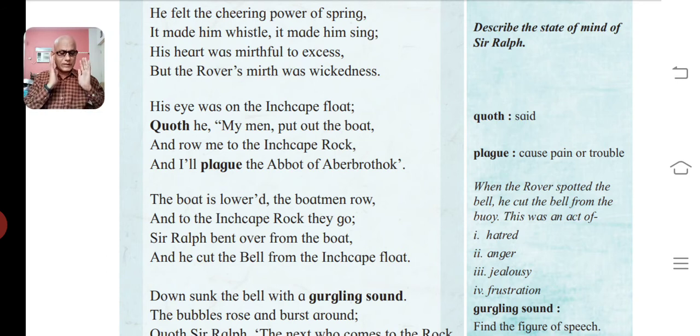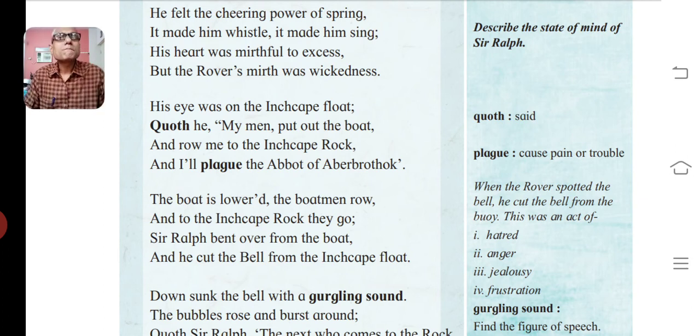Ralph the rower felt the effects of the season of spring. He felt very cheerful. He whistled and sang as he walked about on the deck. He was in an extremely happy state of mind, but his joy was evil in intentions.